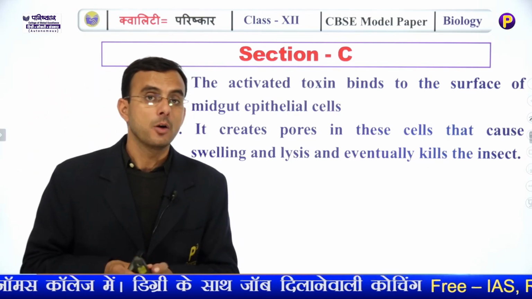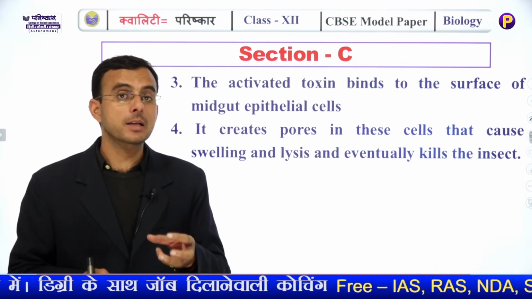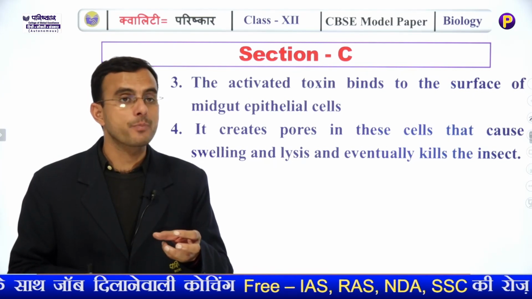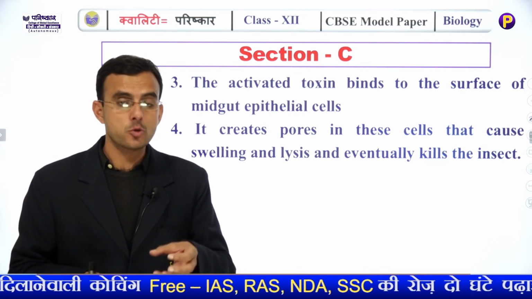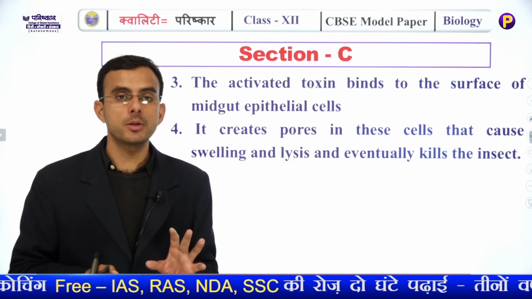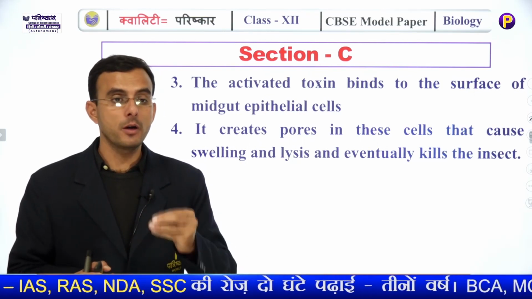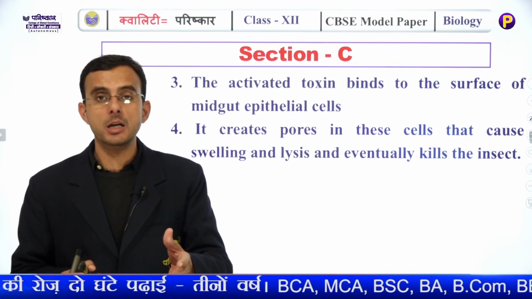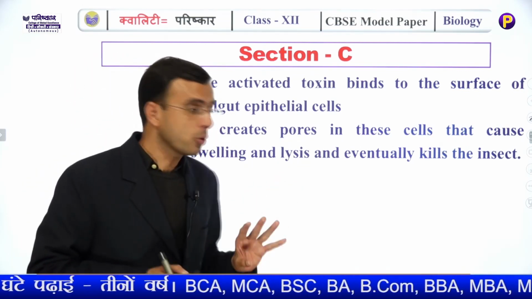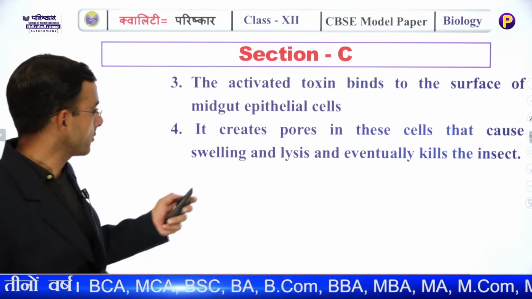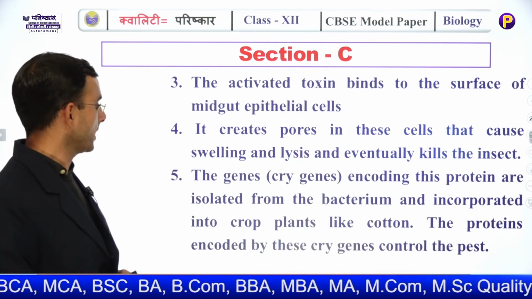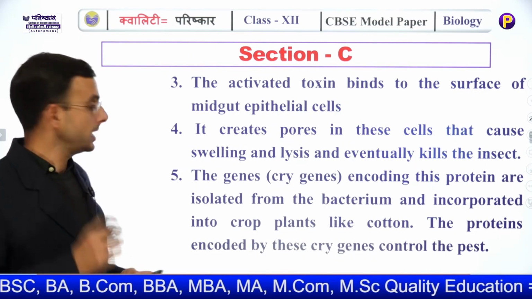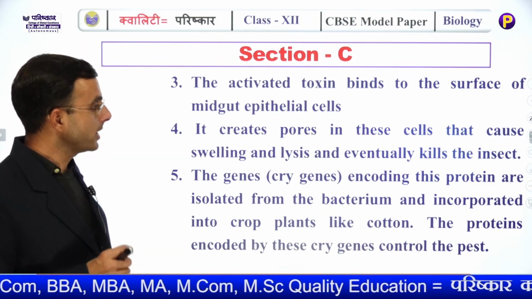This is very important. Why? Because we require a product which destroys the insect but does not affect the plant or its productivity. So that gene is very useful, and we are separating this gene. The genes are known as cry genes, encoding this protein.